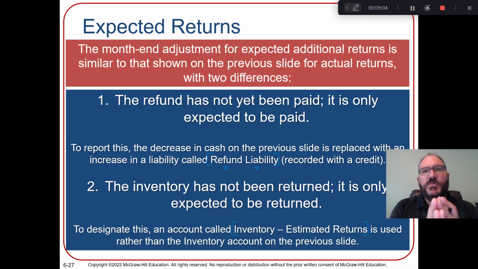And so for those statements that you're doing every month or every quarter, you want them to be as accurate as possible. So if you know you sell $1 million worth of stuff and $50,000 of it almost always gets returned, you should show it like that, because this way you're being the most conservative and you're giving the truest picture of what's going on.